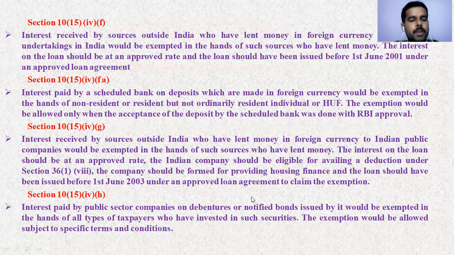The next one, interest paid by public sector companies on debentures and notified bonds issued by it would be exempted in the hands of all types of taxpayers who have invested in such securities. The exemption would be allowed subject to specific terms and conditions. Okay, based on some terms and conditions, it is applicable.